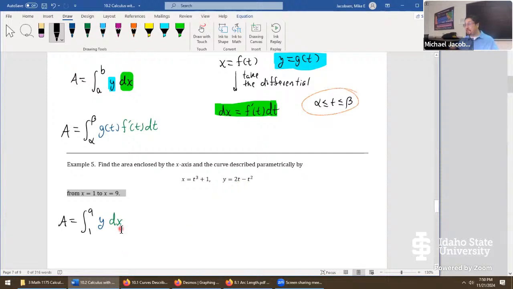It has to be a dt instead of a dx if our variables become t. That tells us then what we really need to do next is grab this and calculate its differential. dx is now going to be 3t squared dt. So that gets us started.